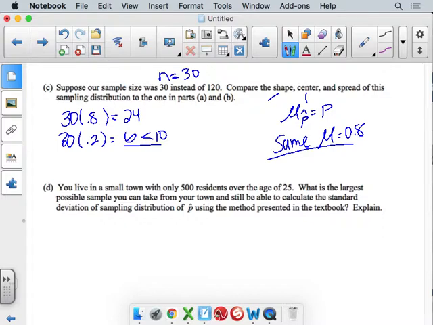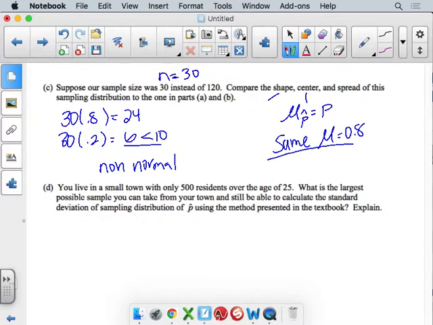So we're going to have to say that this is non-normal or not normal, whatever. So for the shape of the hypothetical all possible samples of 30, we don't know that it's a normal distribution. It has something else. So we wouldn't be able to do our z-score calculation if we did this one.